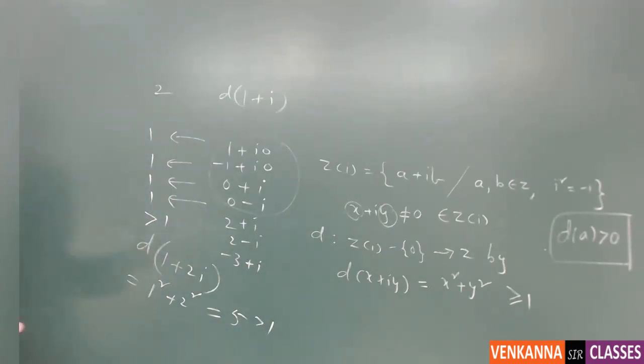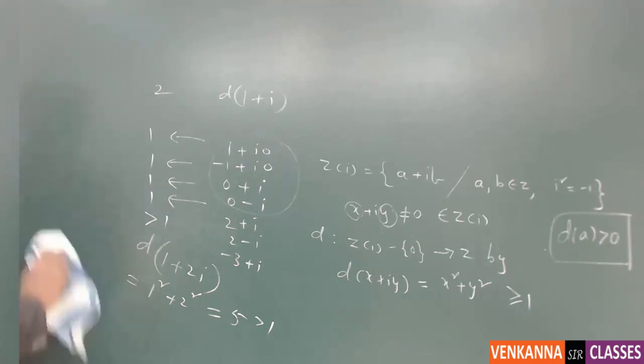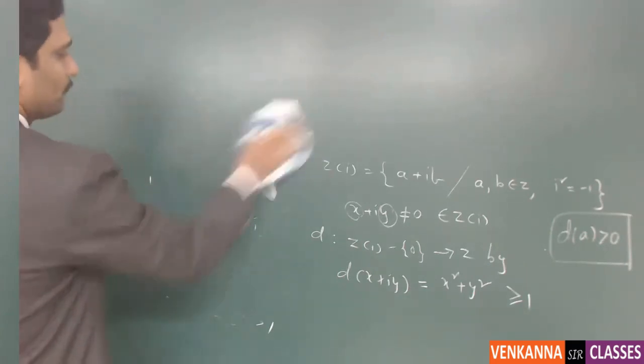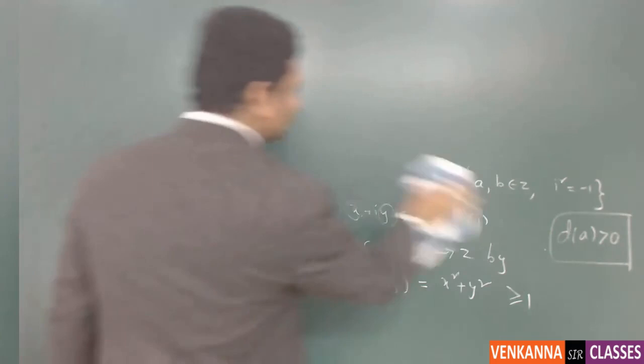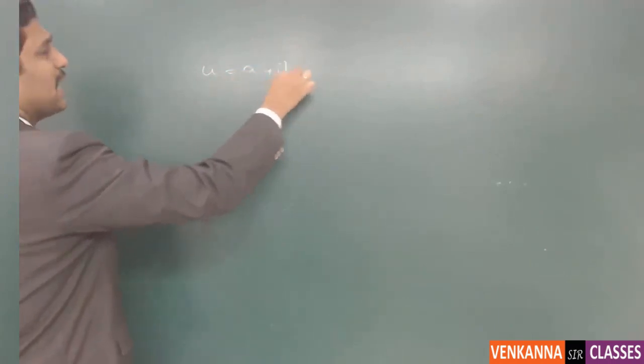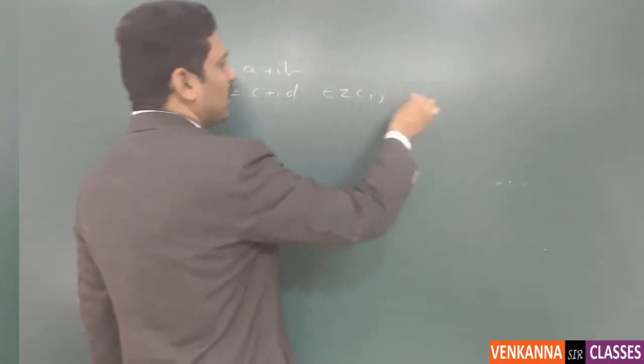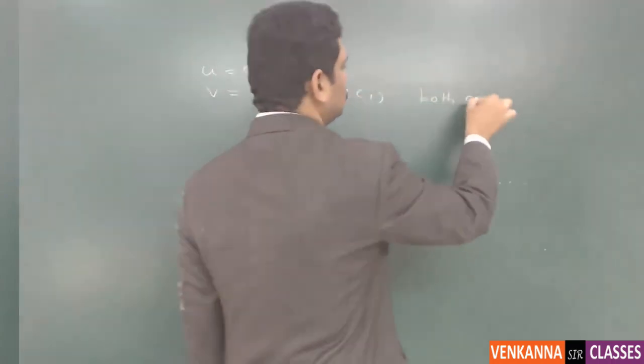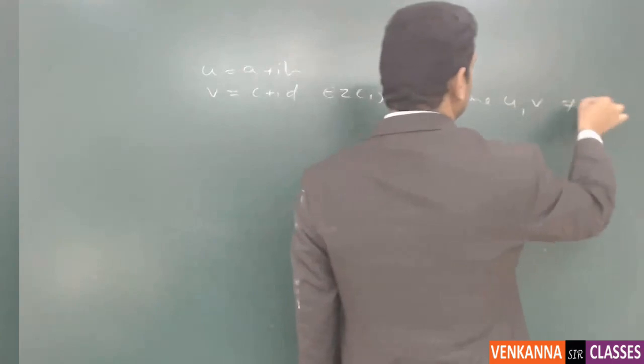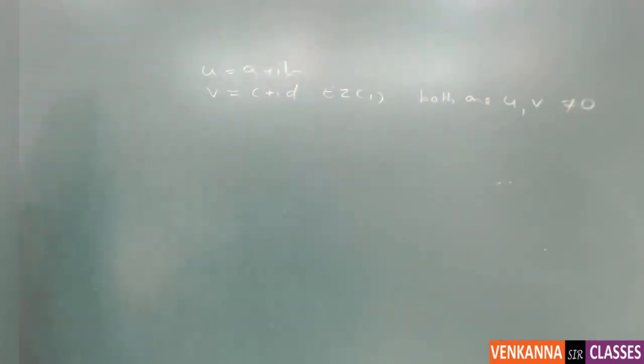Now let us take two values and we will do the remaining part. Let us take u equal to a + ib, v equal to c + id, belonging to Z[i], both non-zero.